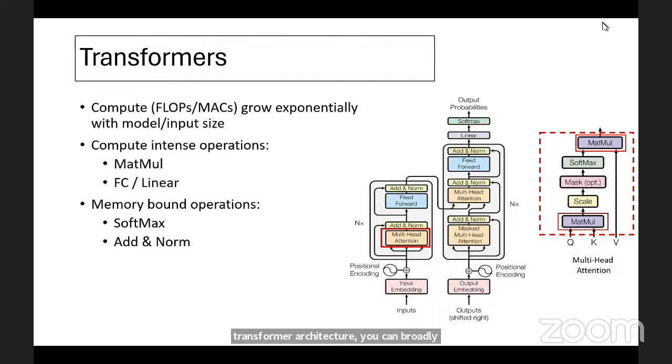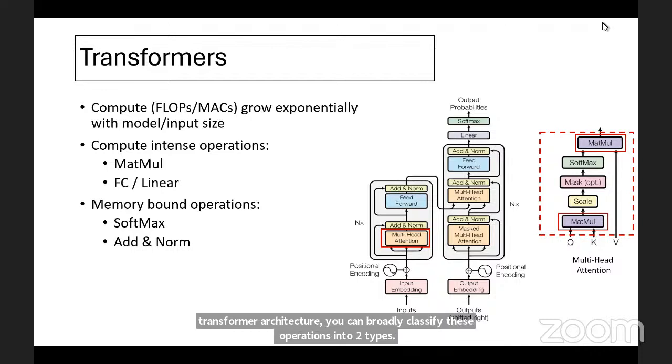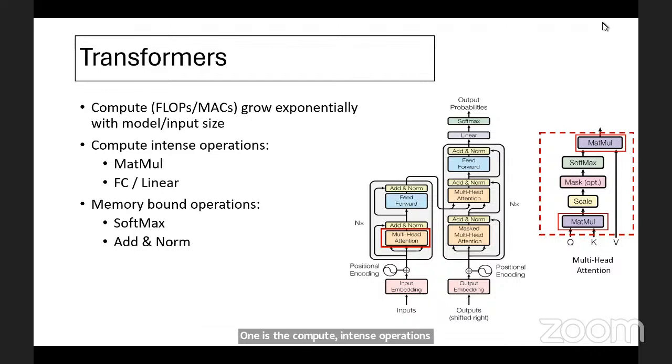One is the compute intense operations, like matrix multiplication or the linear or fully connected layers. These are more compute intense operations that contribute to most of the MACs or the FLOPs of the transformer network. And we also have normalization, element-wise addition, or the activation layers.